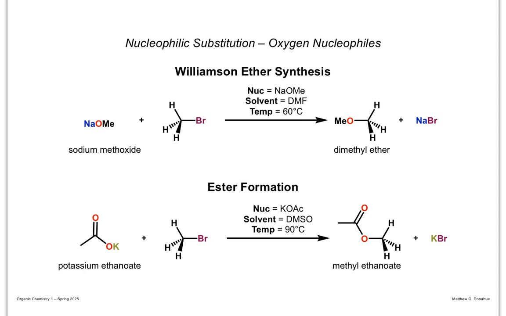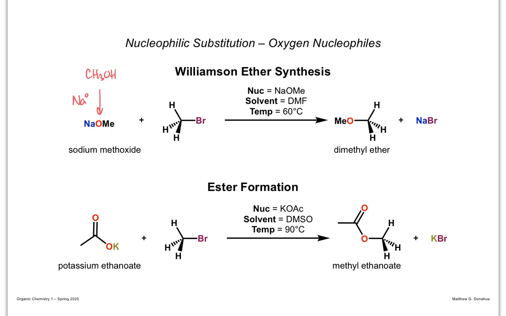So again, we're moving across the periodic table. We're now at oxygen. The conjugate base of an alcohol can act as a nucleophile. So sodium methoxide is derived from methanol, in which we've added sodium metal.